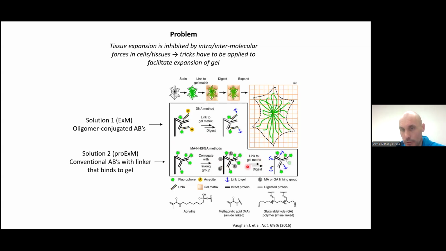Then you can digest, so you can start cutting these proteins while these fragments are still stuck to the gel, so they will not be washed away. In this way, you can use conventional antibodies and achieve the same expansion factor as with the original protocol.